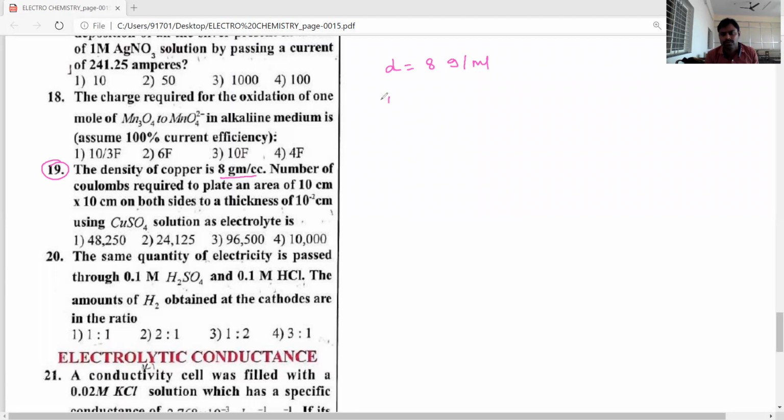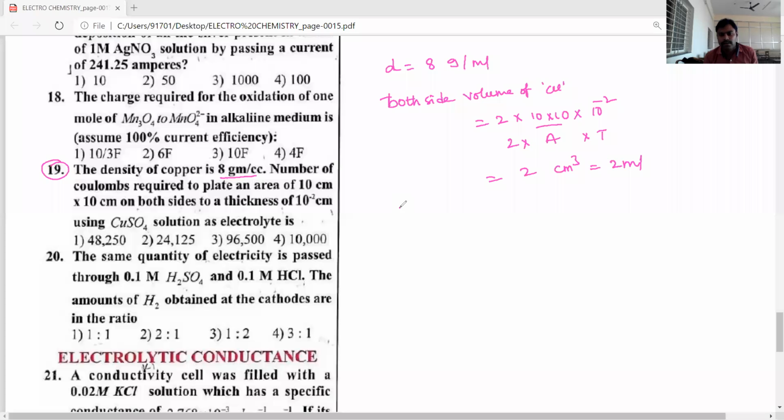They gave the total volume, the both side volume of copper, which is equal to 2 into area, 10 into 10, into thickness, 10 to the power of minus 2. Area into thickness. Then it cancels, which is nothing but 2 centimeter cube, which is 2 ml.